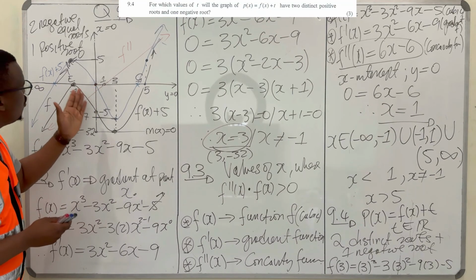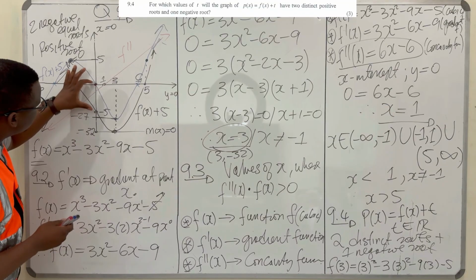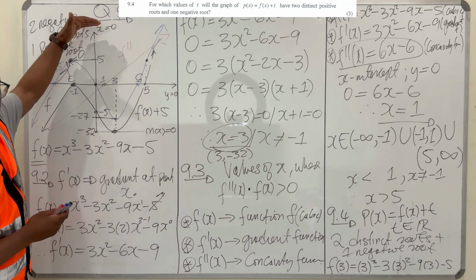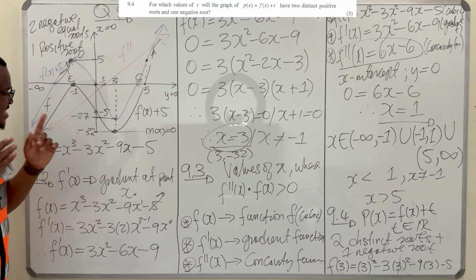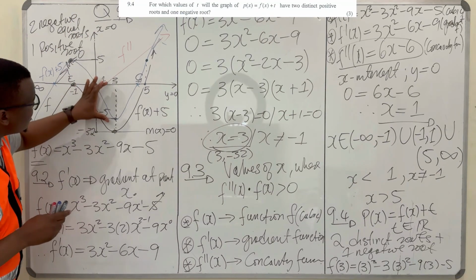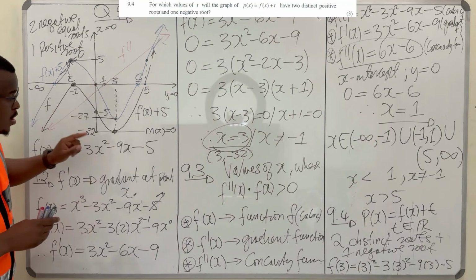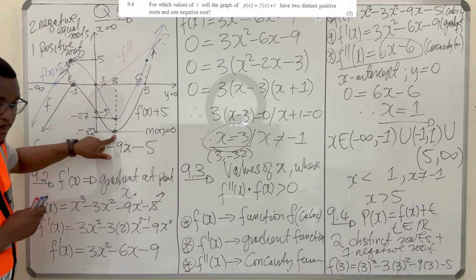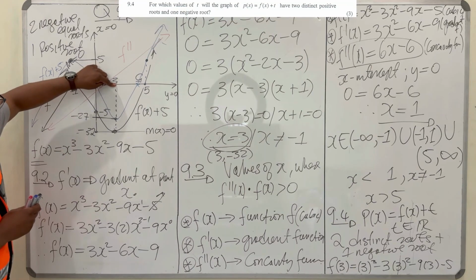So what we need to do is shift this function of ours more than 5 units upwards, right? But at the same time, we should not shift it more than 32 units upwards, because if you shift it 32 units upwards, it will sit exactly there. Are you still with me?